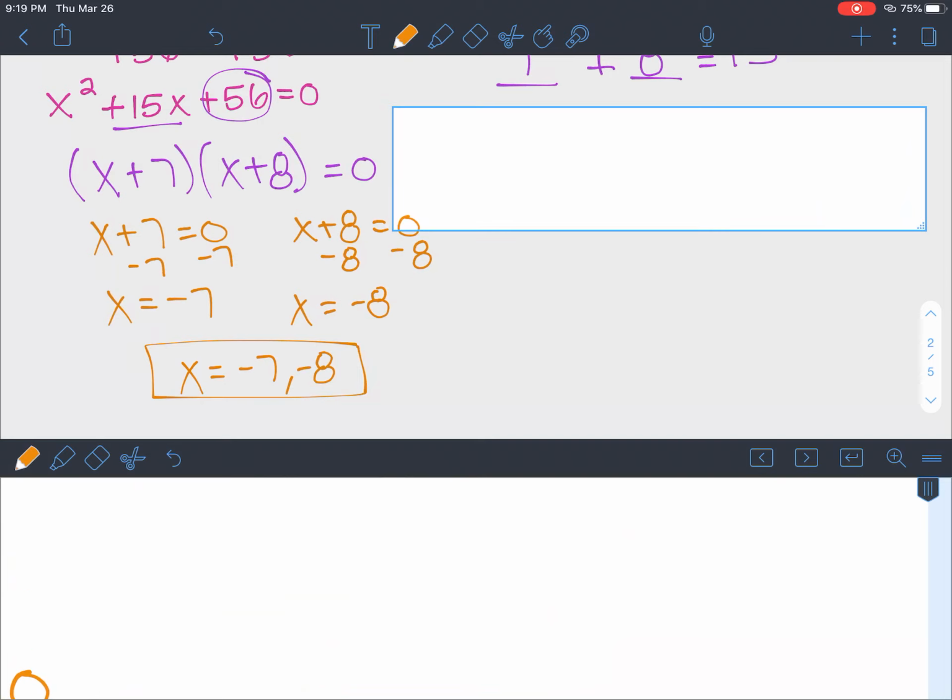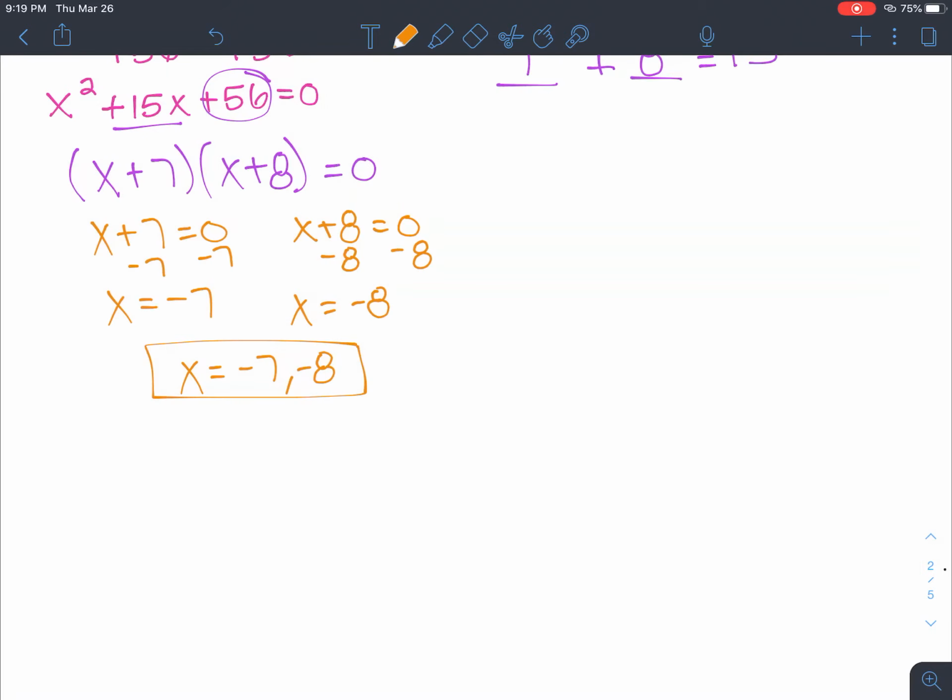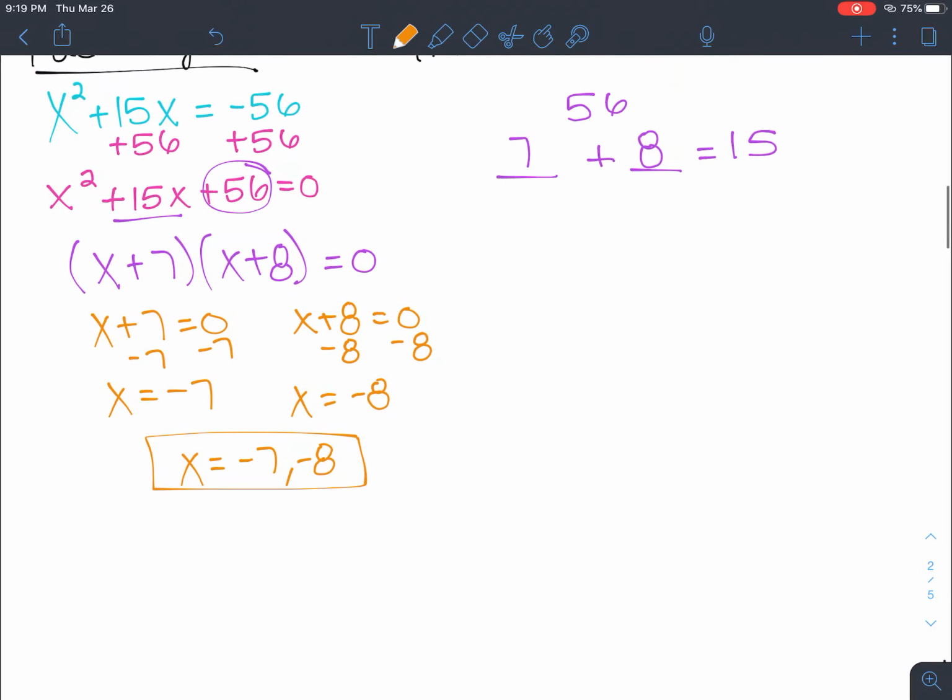So I had a really good question earlier from April. Shout out to April. She asked me why some of them had 2 answers and some of them only had 1. So if you remember when we started talking about quadratics, I said what we were solving for is where this is going to cross the x-axis. So in this case, when we have something that has 2, that means it's crossing the x-axis twice.